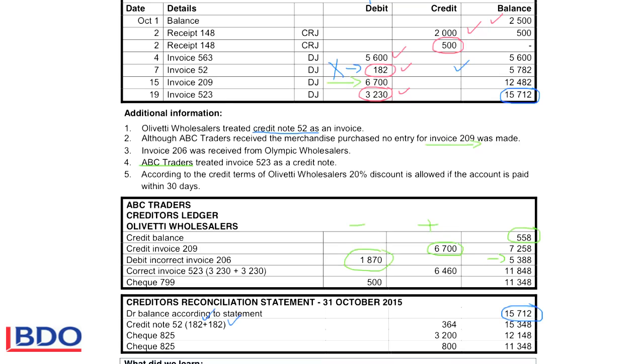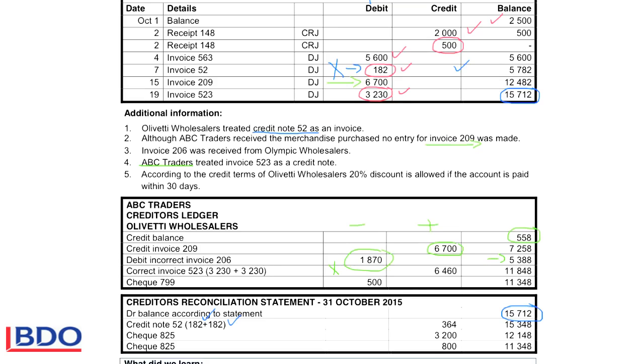3,230 Rand. They treated it as a credit note, so it means that they recorded it on the debit side of the creditor's ledger. It is supposed to be an invoice, so it's supposed to go on the credit side. So I have to go and correct it twice on the credit side.